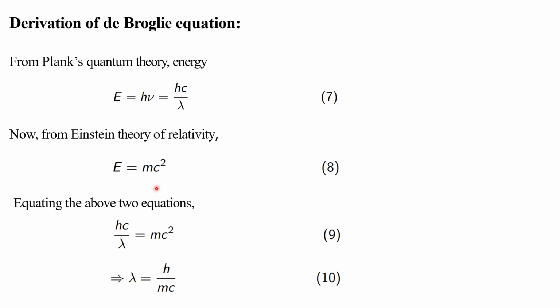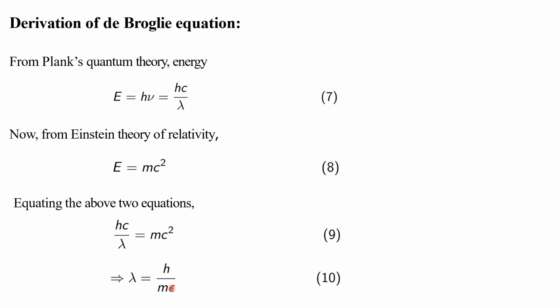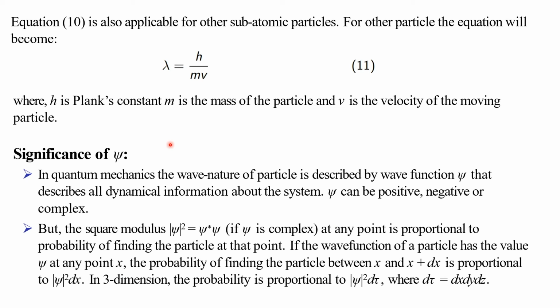If we equate these two expressions, we arrive at lambda is h by mc. This equation is also applicable for subatomic particles. For other particles, the equation becomes lambda is h by mv. Here c is the velocity of light, which comes from Einstein's theory of relativity. For any particle, we can replace c by the velocity of that particle, and m is the mass of that particle.